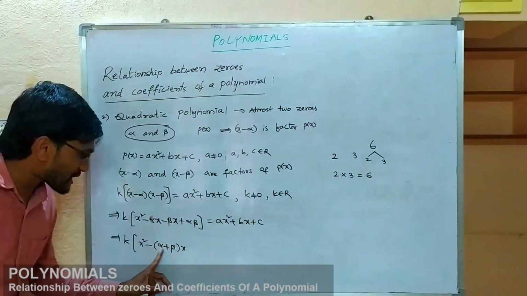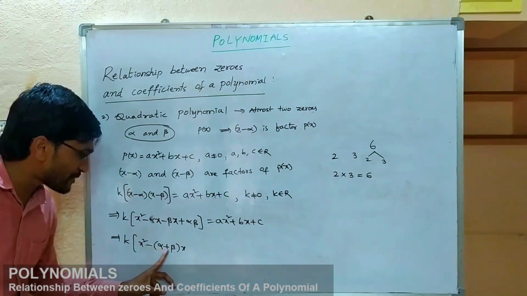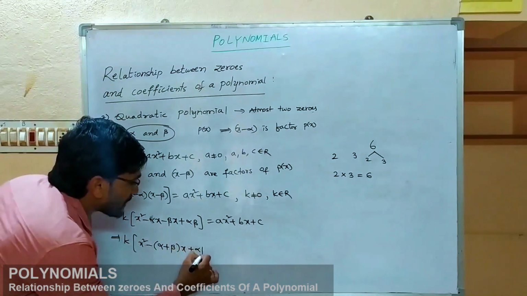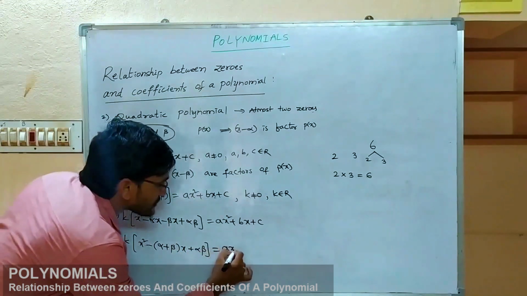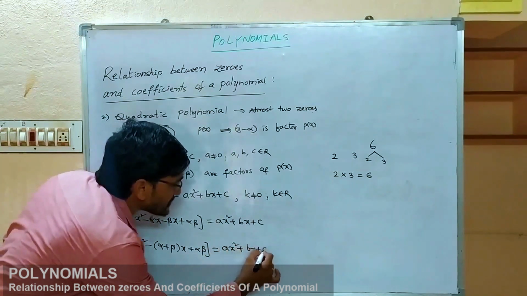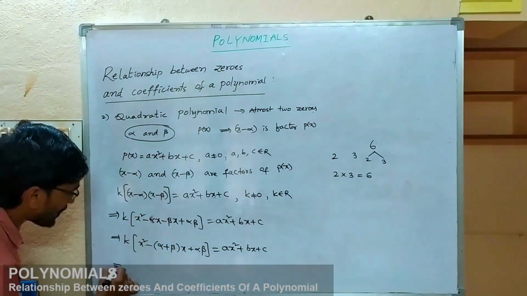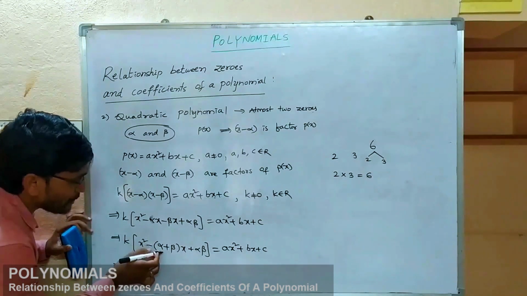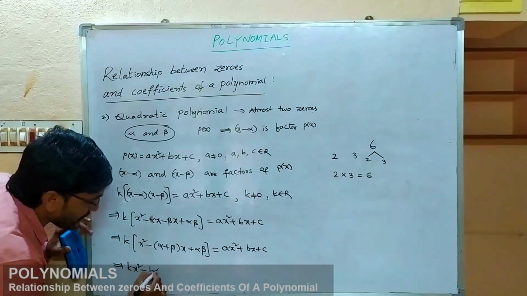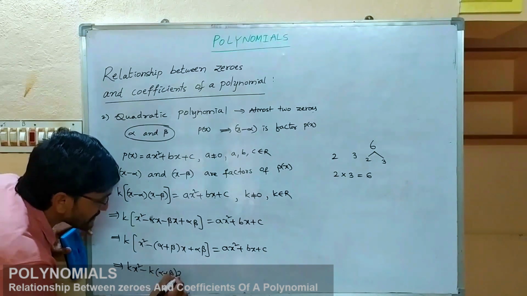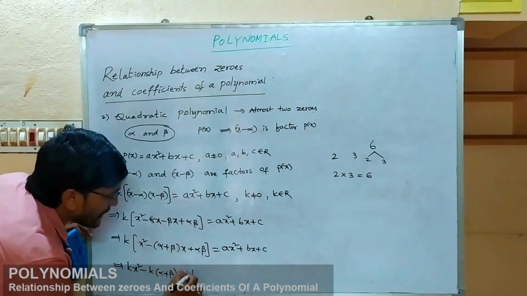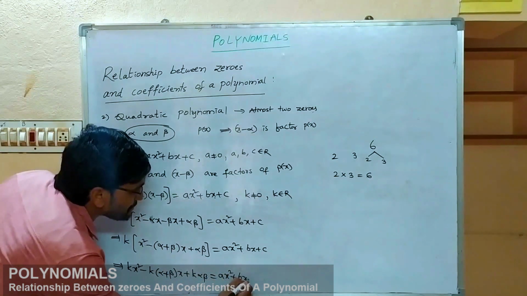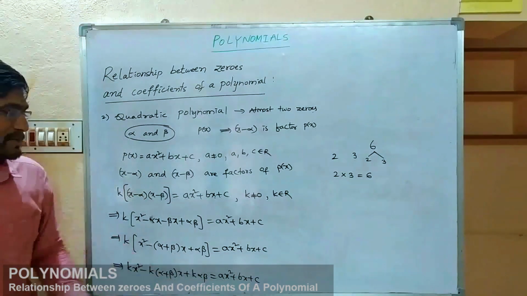Now multiply with k: k into x square minus k into alpha plus beta into x plus k alpha beta is equal to ax square plus bx plus c.